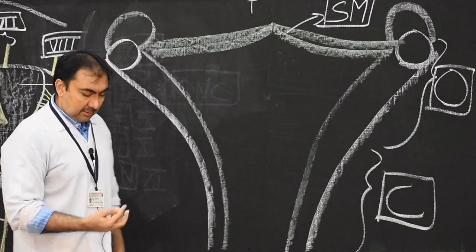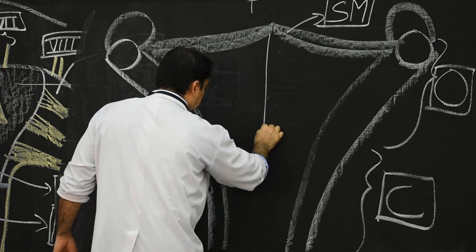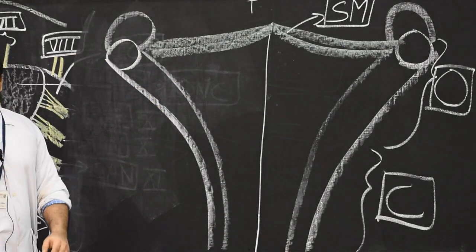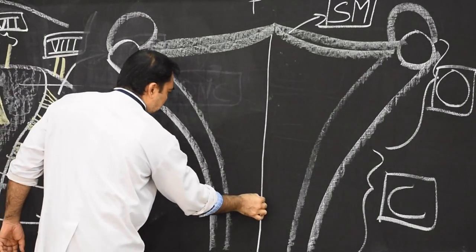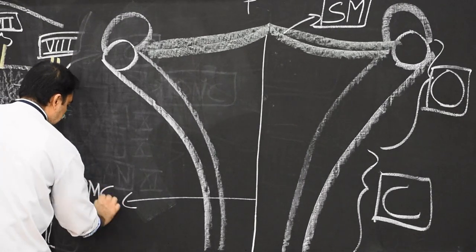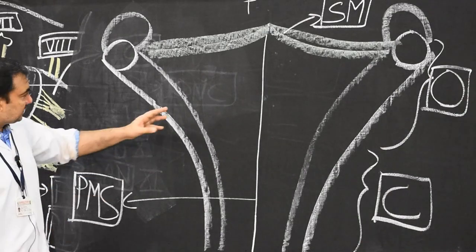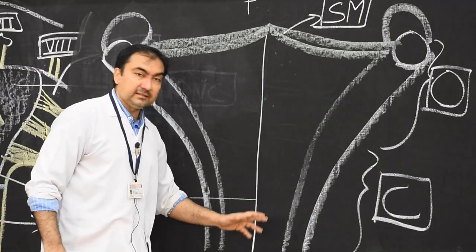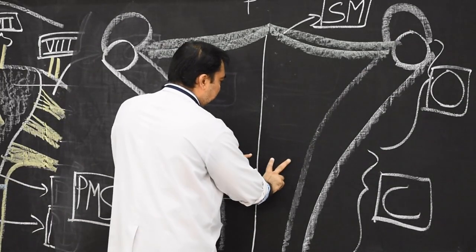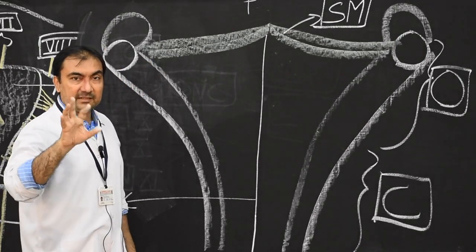So first we consider the closed part. In the closed part, we start with, remember I told you, the posterior median sulcus. So this is the posterior median sulcus, and we mention it as such. This posterior median sulcus will continue down along with the posterior median sulcus of the spinal cord. Then on either side there will be two swellings which we have to consider, fasciculus gracilis and fasciculus cuneatus.